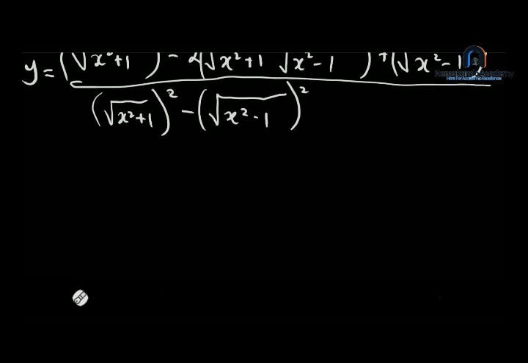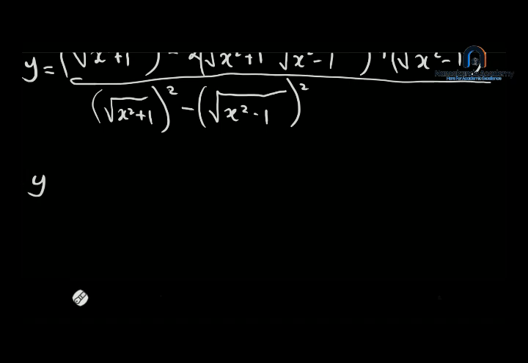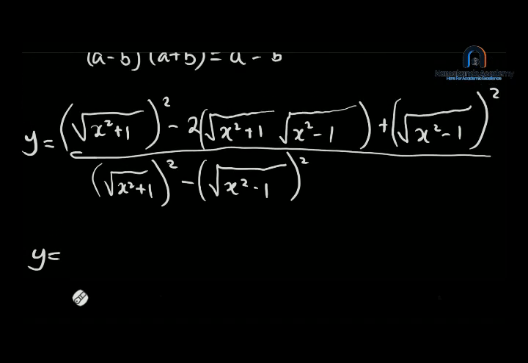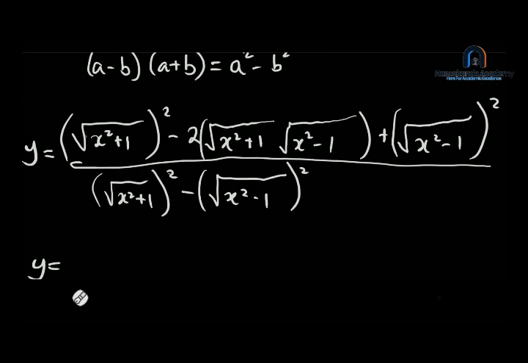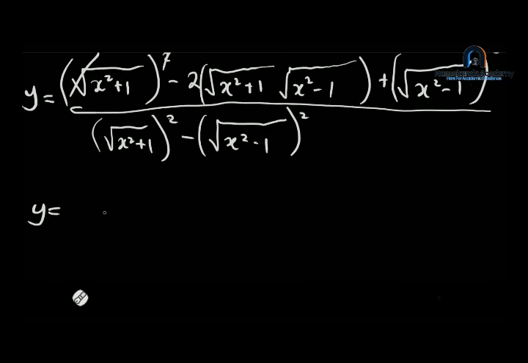Okay, now we'll continue. So we say y is equal to, if you look at this first part here, whatever is in the square root is being squared, and squares together with square roots cancel. Hence we have x squared plus 1, then minus 2.